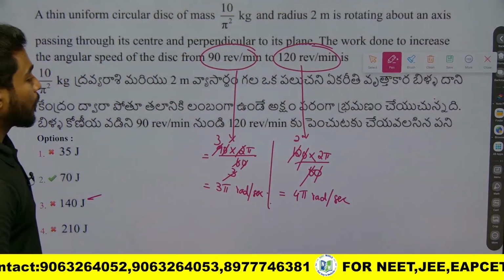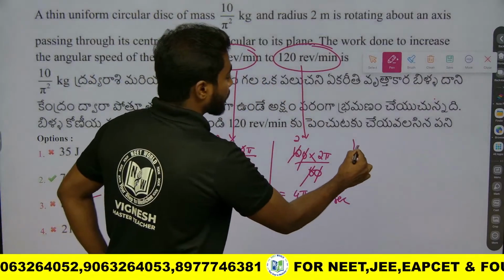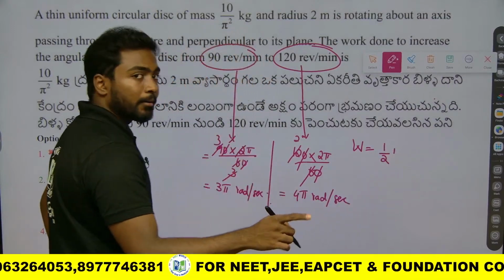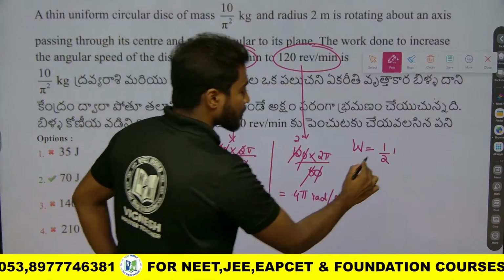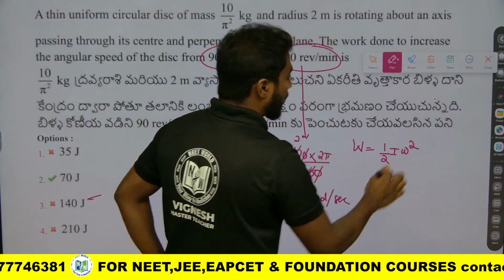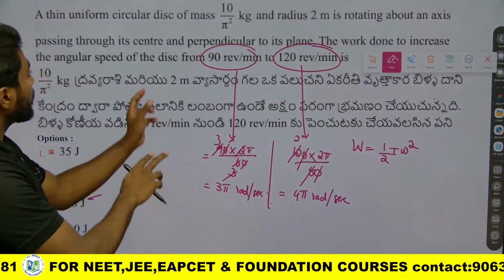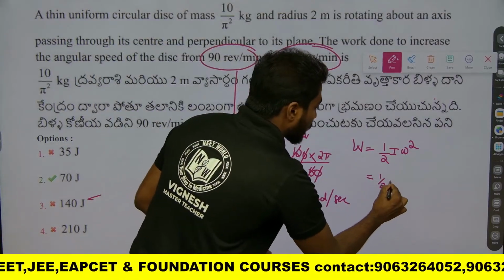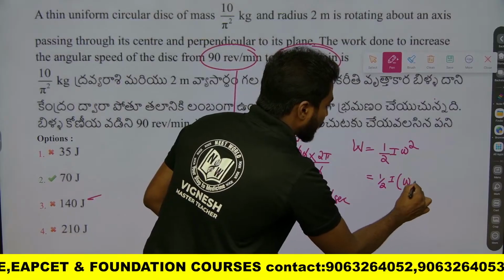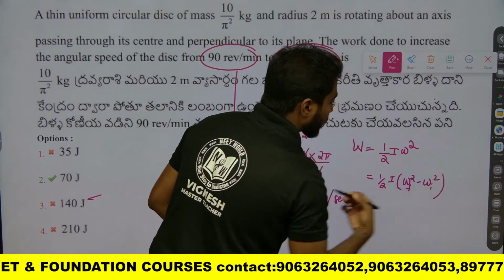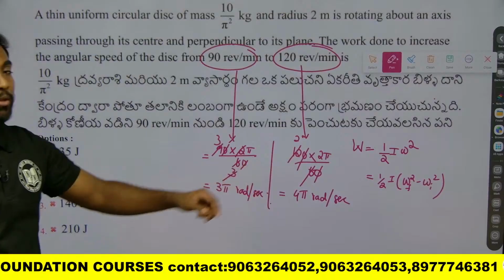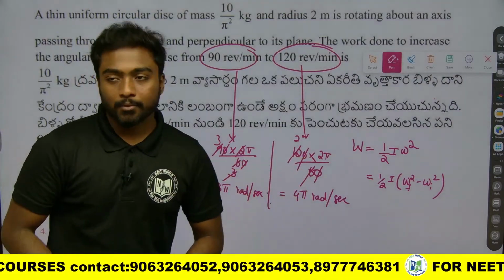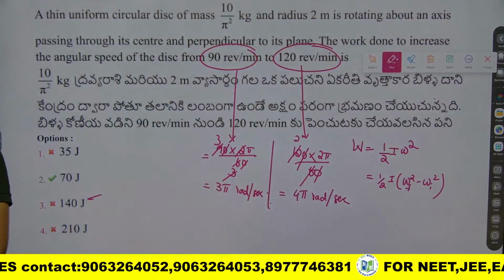Now I can write the formula: work done is equal to half mv square, but in this case it is I omega square. One more thing, it has changed from 90 to 120, so half into I into omega final square minus omega initial square. Now you can substitute the values and you can get the answer. Work done I need to find, right? You can substitute the values and get the answer.